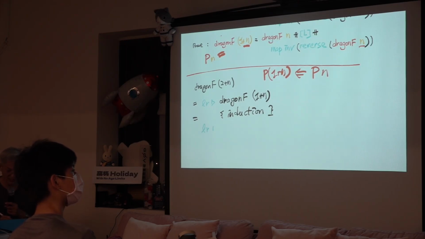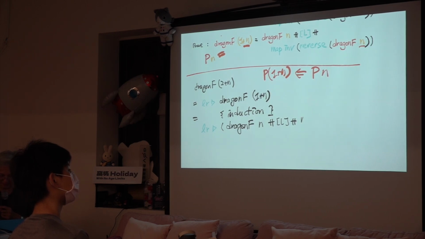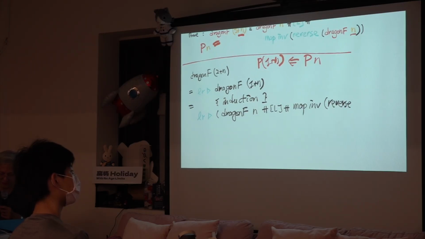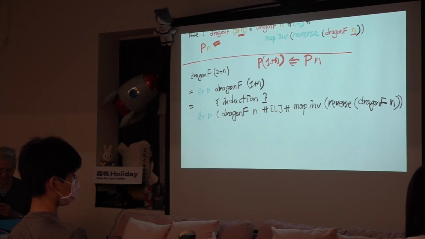So LR interleave, and now dragon f of 1 plus n by induction equals dragon f of n append an arrow and map int of reverse of dragon f of n, bracket, another bracket.